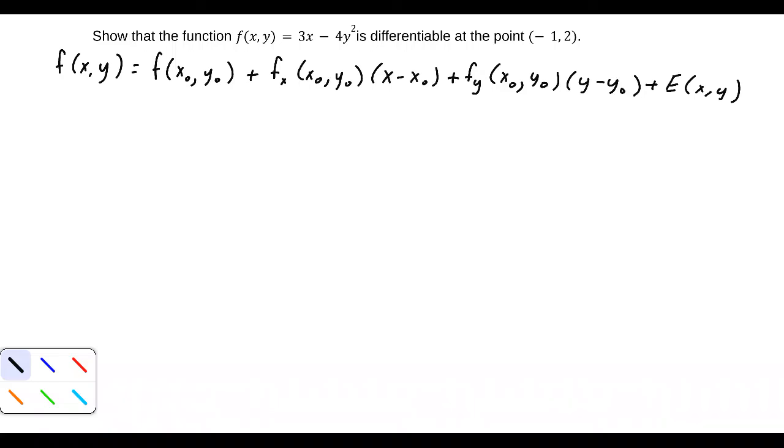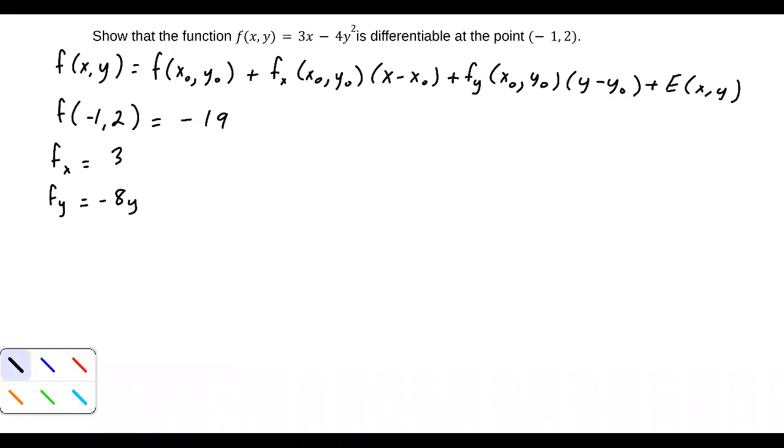So we know what f(x,y) is, and from that we can find f(-1, 2). Evaluating that, we get -19. And we can also find from this information fx is equal to 3, and fy is equal to -8y.